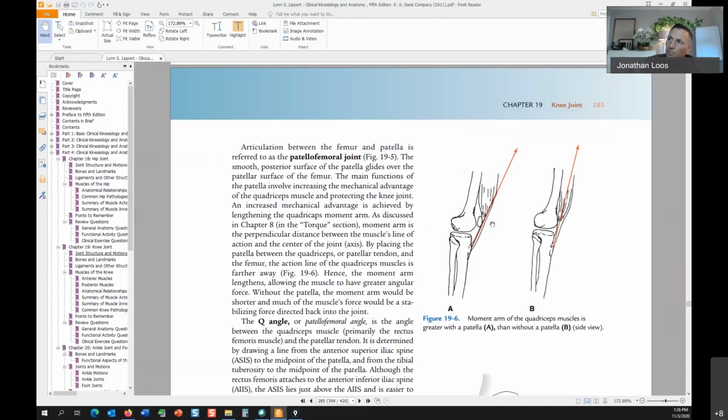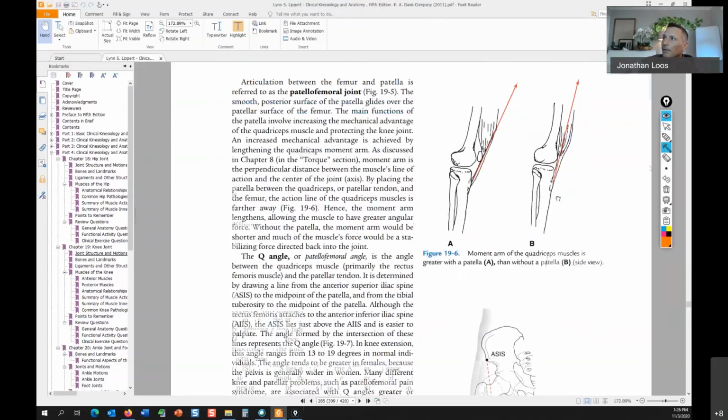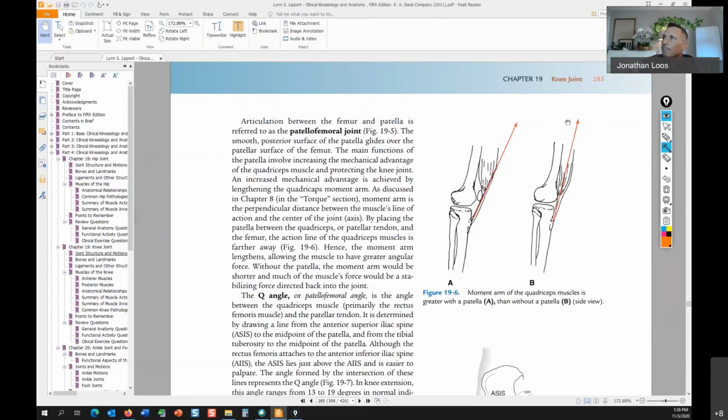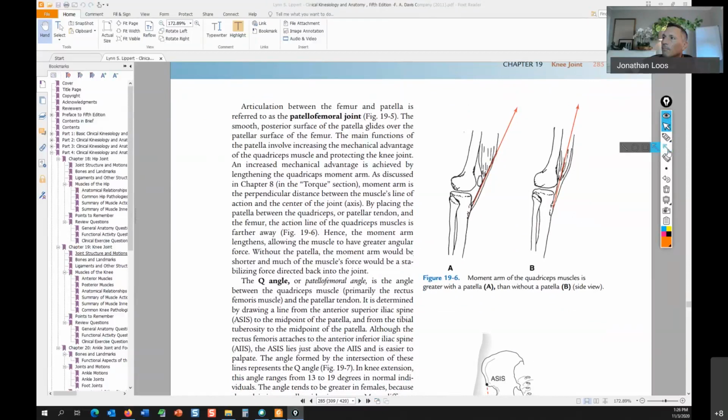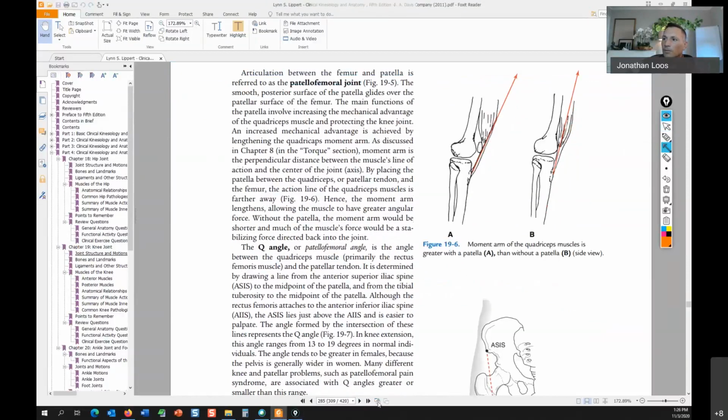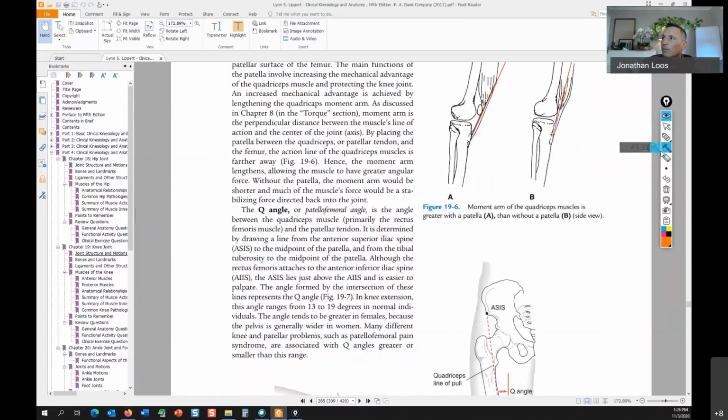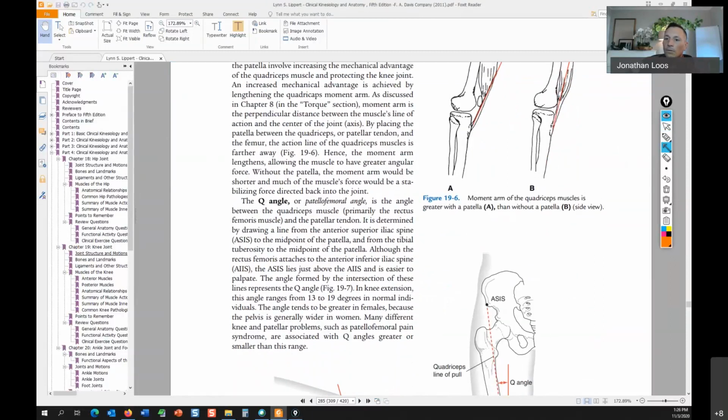What the patella does is it changes that angle of pull a little bit. It pulls it out. I can draw on this screen, but I can't draw on this screen.